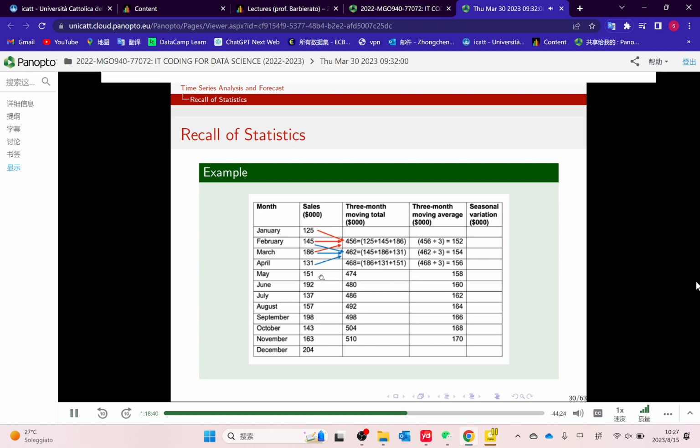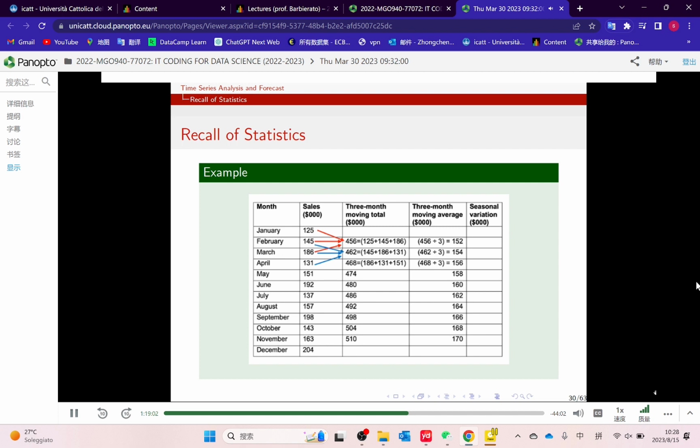All the other month sales have weight 0. In fact, I only have 3 values in here. This means that the weight in here is 0, 0, 0, 0, 0, etc. In the second case, the weight of January is 0, but the weight of February, March, and April is 1 and 0 for the other months.